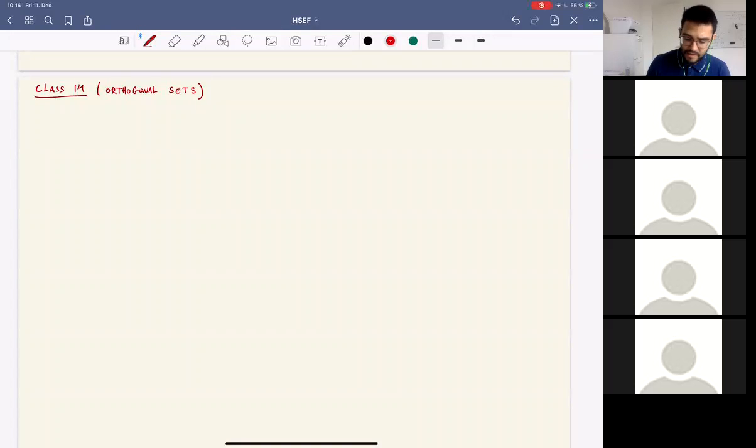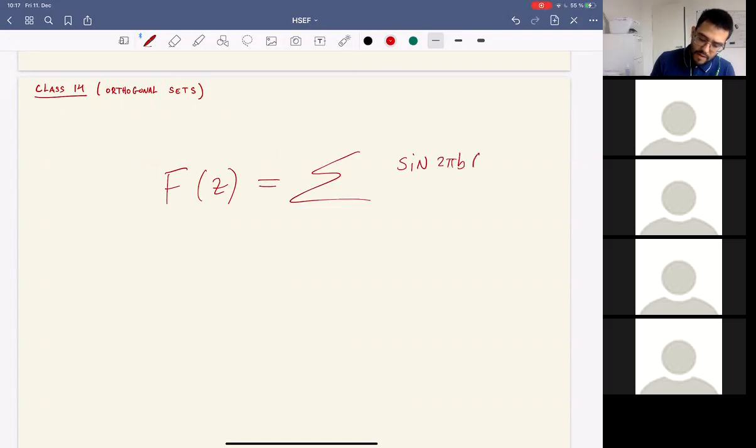In the Paley-Wiener case, recall that we could write any function f of z, using just Fourier inversion, as a sum of sinc functions.